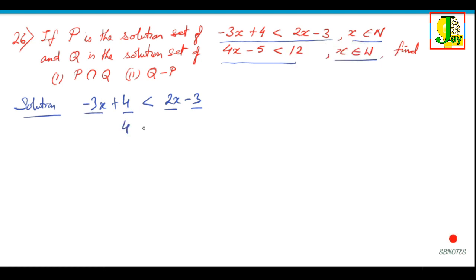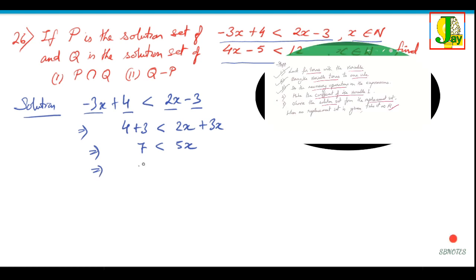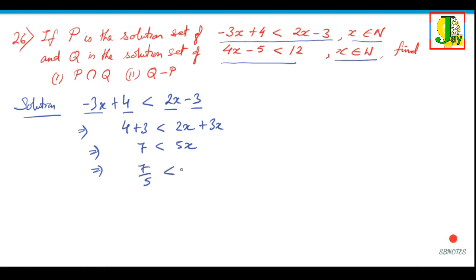So we have 4 minus 3 comes here, plus 3 less than 2x, minus 3x goes that side, we have plus 3x, so 5x is 7 and 7/5. So x is greater than 7/5, or we can write x is greater than 1 2/5.